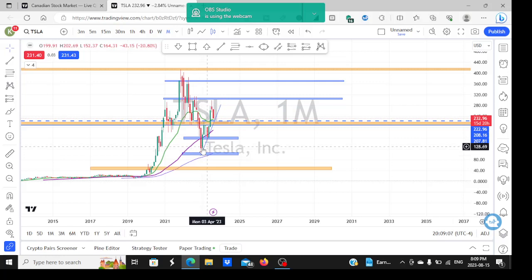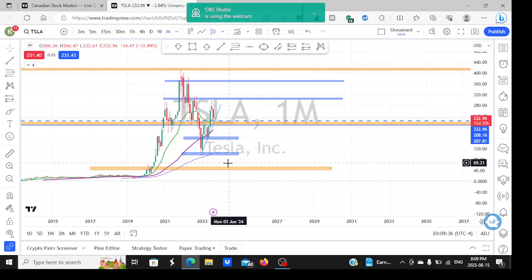This is a zone. So the lowest monthly level is 105, and the highest monthly level is around, let's round it up to 400. Okay, so those are our extreme monthly levels.